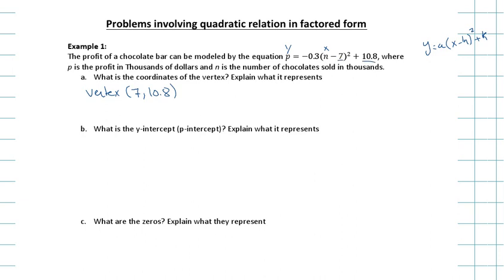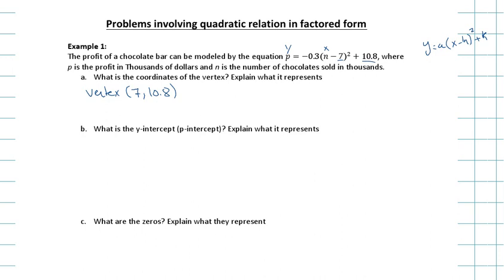Now, what does that represent when it comes to this scenario? What does the 7 represent, and what does the 10.8 represent? The 7 is the x value of the vertex, and the 10.8 is the y value. That's right. And what does it mean in this scenario? Remember, we're talking about the vertex.